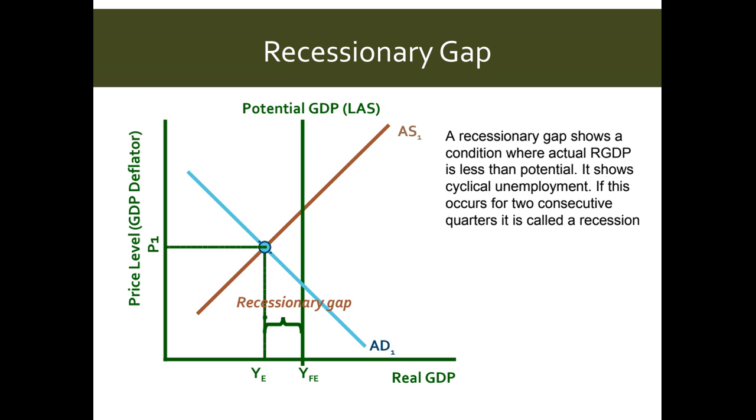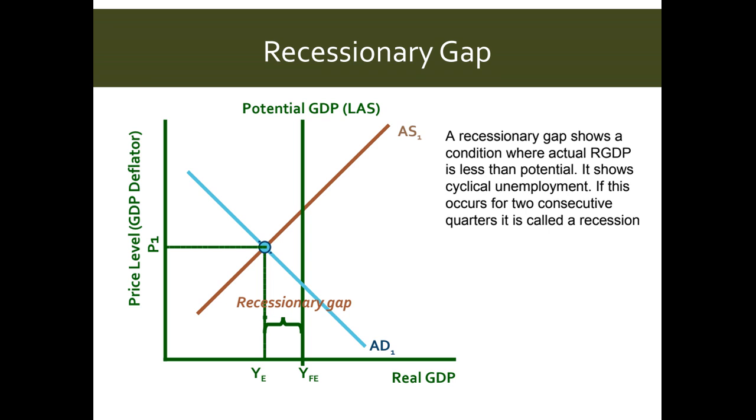Let me read this out. A recessionary gap shows a condition where actual real GDP, by actual real GDP, I mean equilibrium GDP, where AS and AD intersect, where AD, that is aggregate demand, and aggregate supply intersect, is less than potential. And by potential, I mean full employment level of GDP.